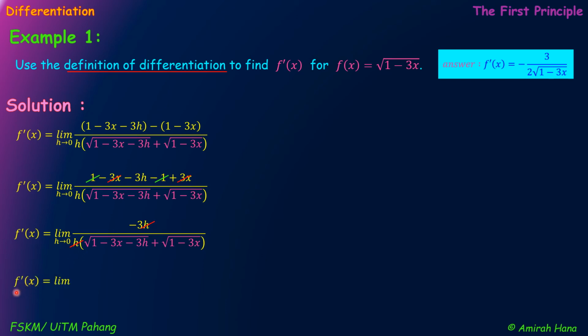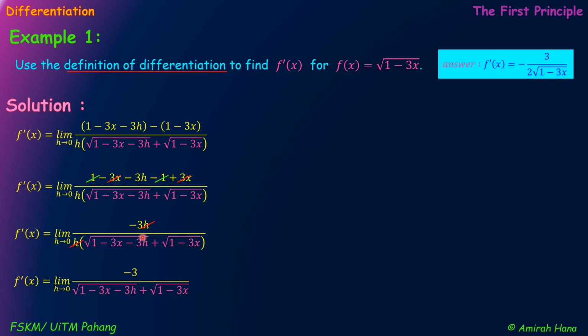So we get f prime x equals the limit as h approaches 0 of negative 3, no more h, over square root of 1 minus 3x minus 3h plus square root of 1 minus 3x, no more h here.